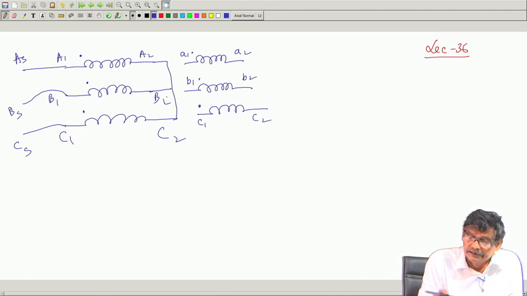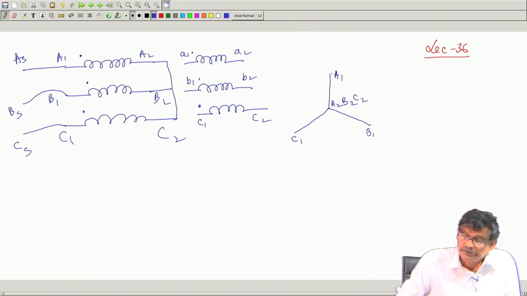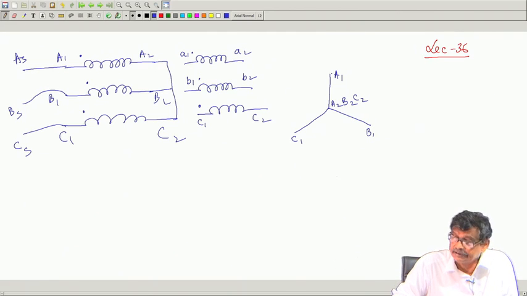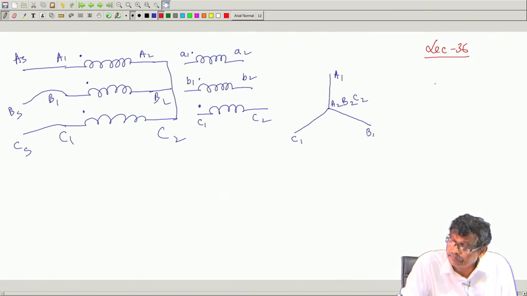What I am telling, the primary EMFs are like this, A1 A2, B1 B2 and C1 C2. A1 is AS, B1 is BS and C1 is CS. On the secondary side, you have these 3 voltages available now, not yet connected.